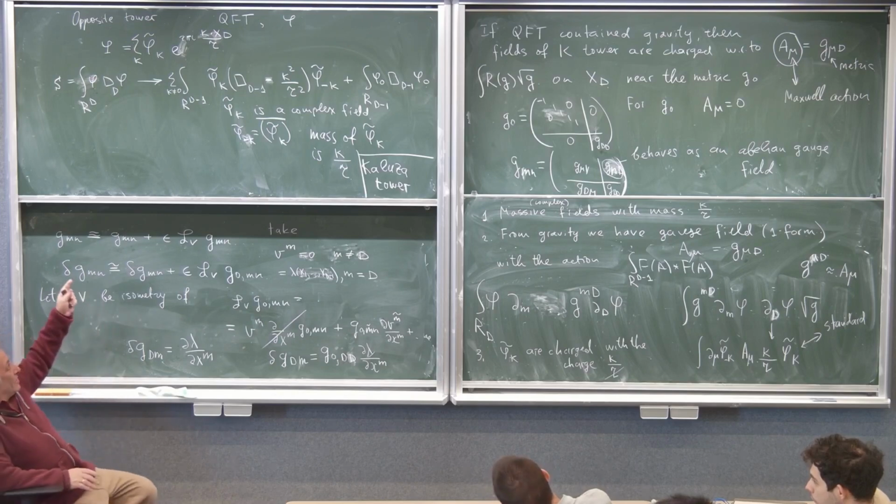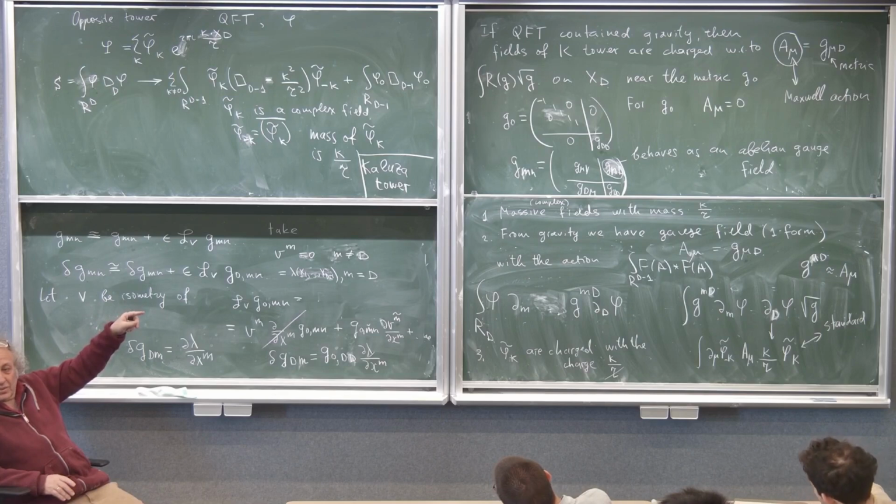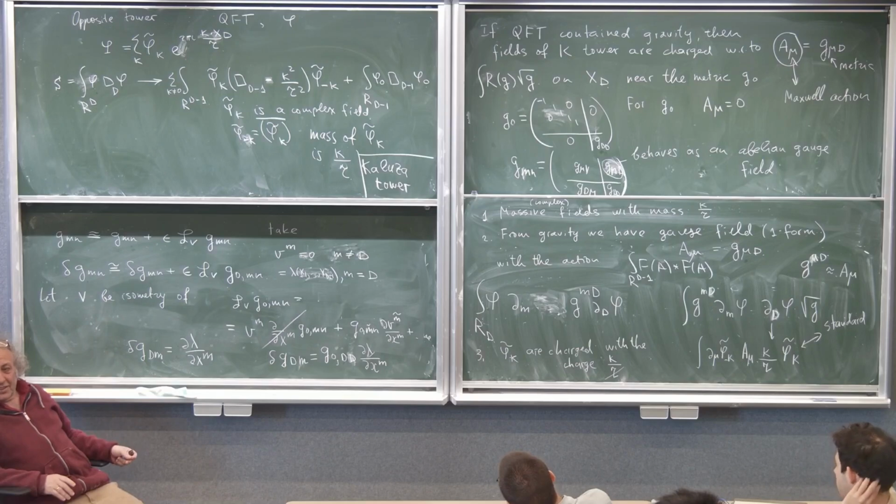At the moment, in the two examples that I consider, charges are electric with respect to the form that was a B form in D dimensions, and charges were electric with respect to this off-diagonal component of the metric.